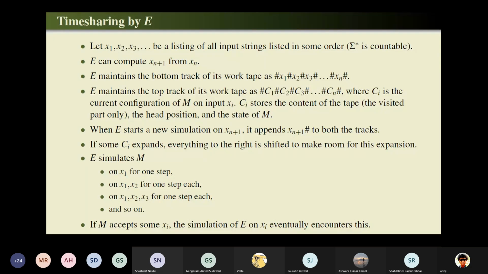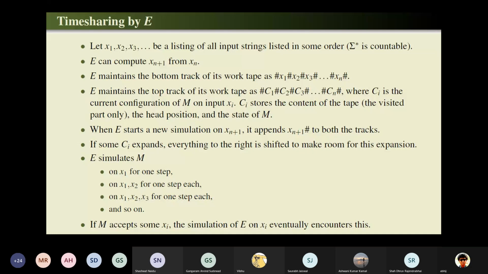If it accepts in, let's say, 1 million steps, eventually the simulation of M on xi will have these 1 million steps. It may happen after maybe 1 million square steps or something like that, but that is fine. Eventually it will be detected. Happy?